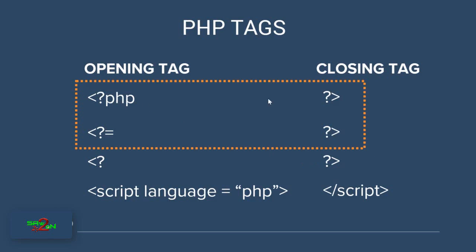So only the top 2 that has been highlighted is supported from PHP 7 onwards. In PHP 5.5 you were having 4 tags. In PHP 7 they minimized to 2 tags. So remember this, if they are referring in PHP 7 and they are referring to these 2 tags, then there is a chance that they are tricking you to say whether these are supported in PHP 7 or not.